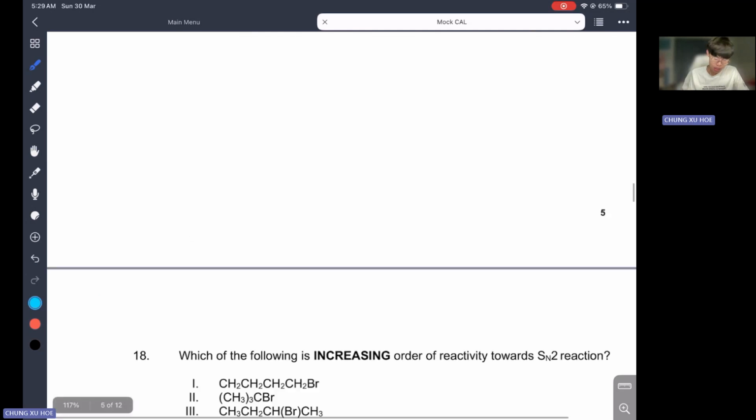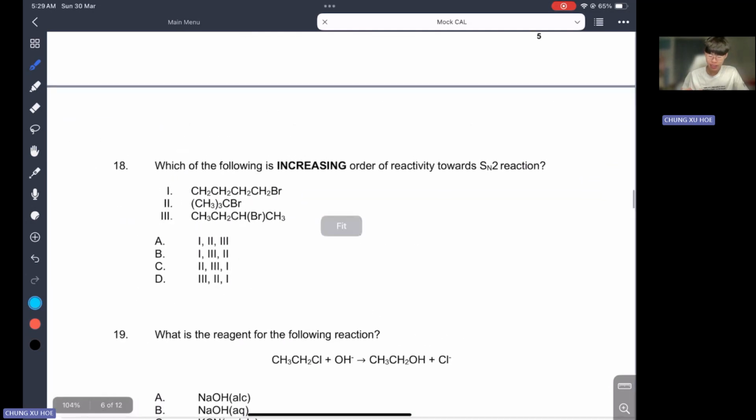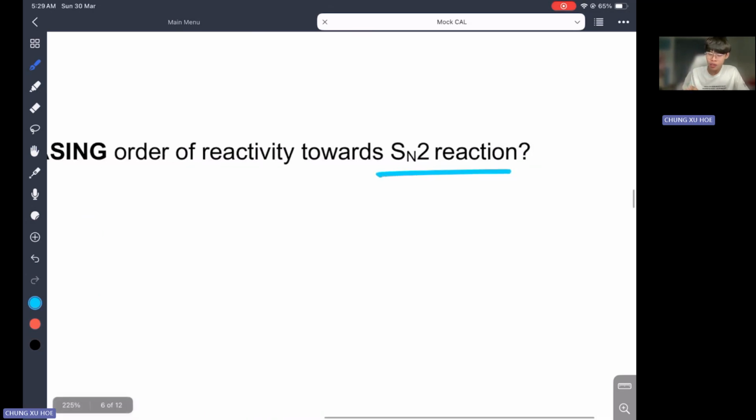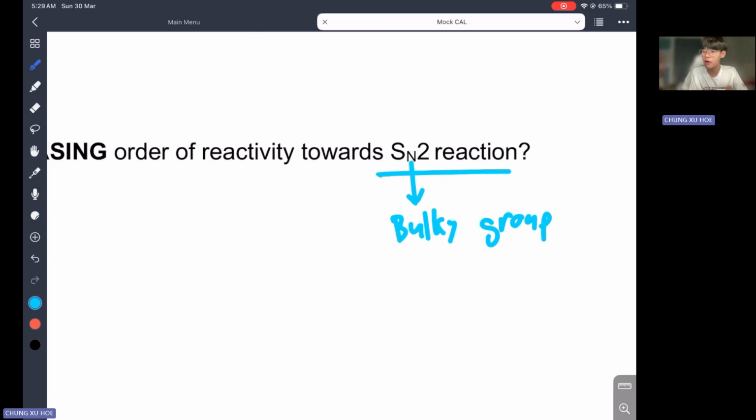Okay, question 18. Which of the following is the increasing order of SN2 reaction? So you need to know what it means by increasing order of SN2 reaction. SN2 reaction, the first thing that comes to my mind is bulky group. What do bulky groups mean? That means R groups, alkyl groups.